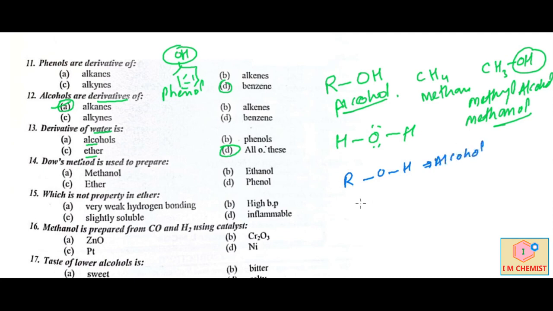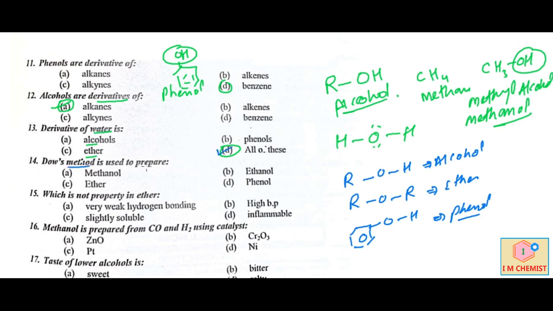Similarly, if you substitute both of the hydrogens of water with alkyl groups, it would be converted into ether. And similarly, if you substitute one of the hydrogens with a benzene ring, then it would be converted into phenol. Hence you can say that alcohol, ether and phenol are derived from water. So option number D is correct.